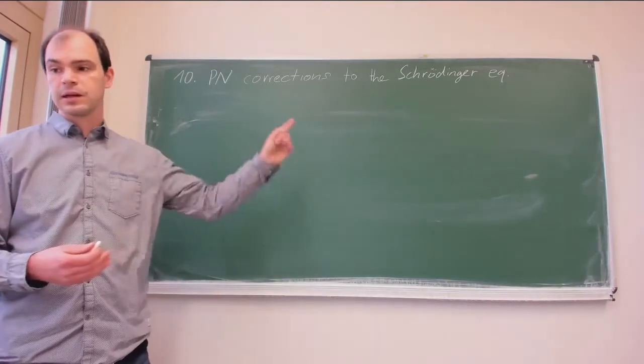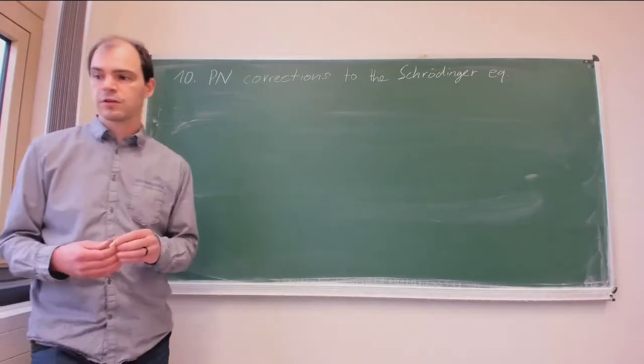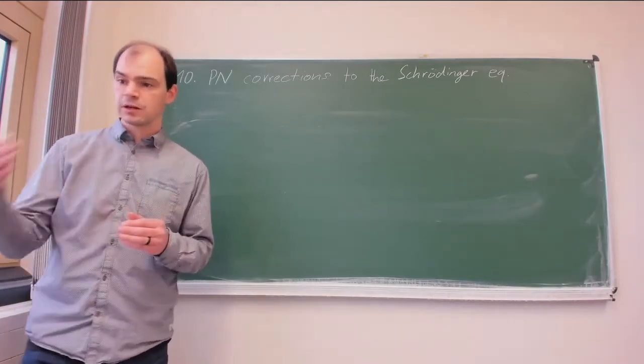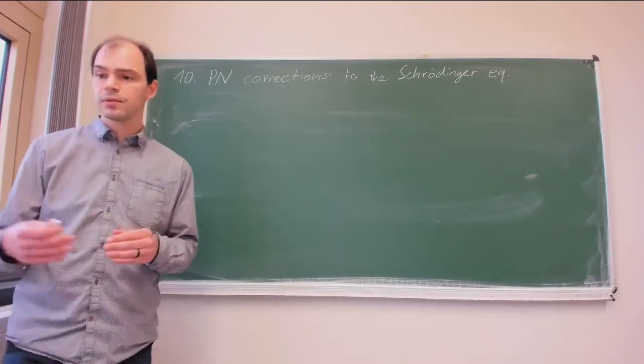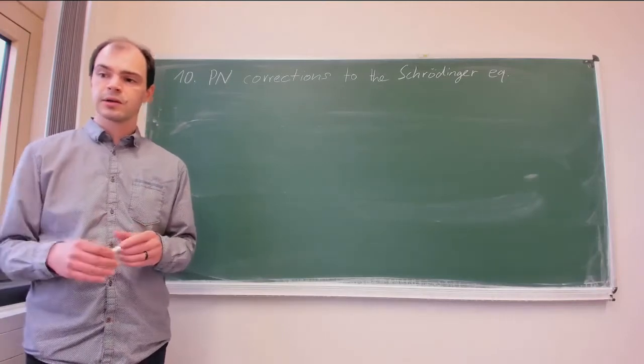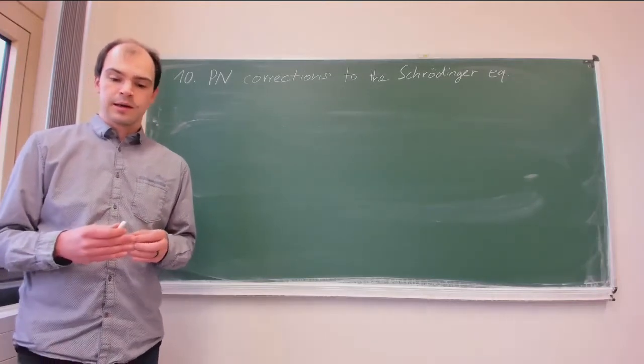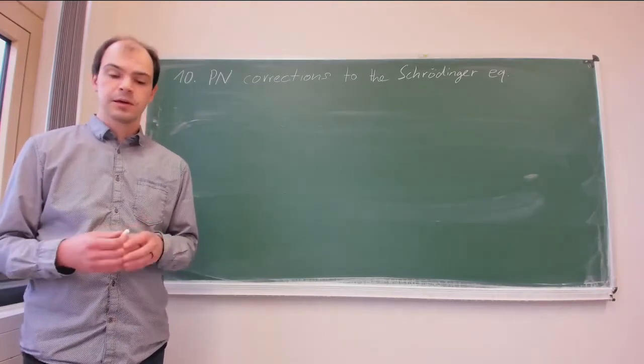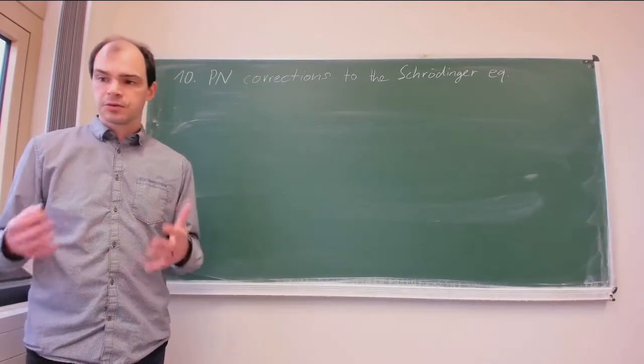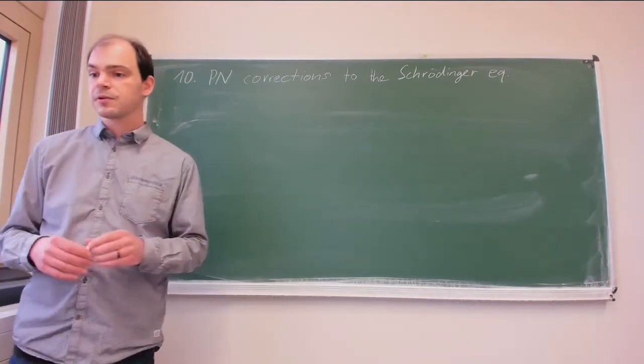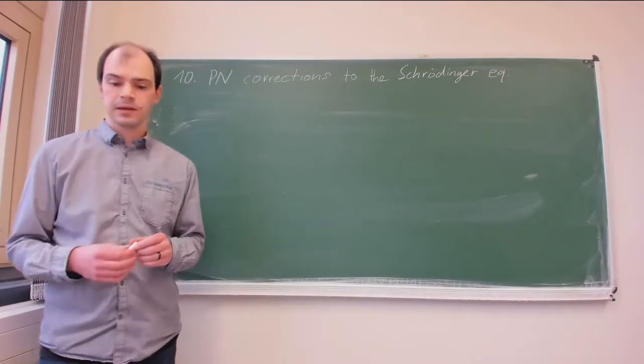So the question today is, what are post-Newtonian corrections to the Schrödinger equation, first order, second order, and so on in 1 over c squared, on an arbitrary or freely given external background space-time.